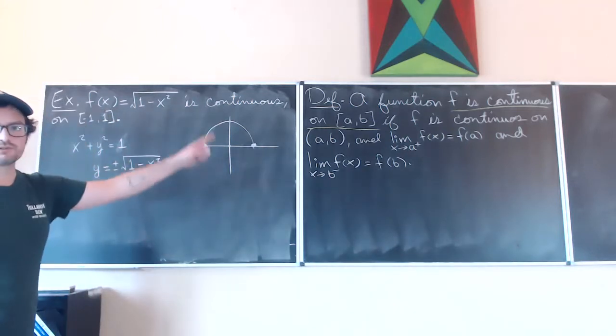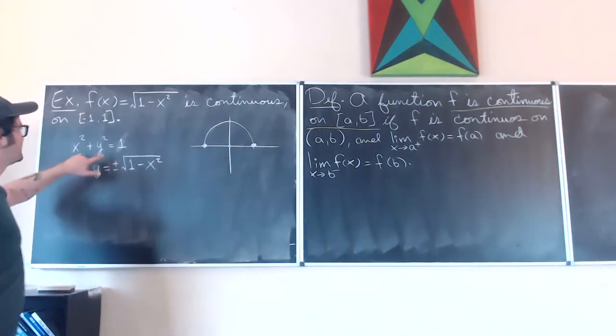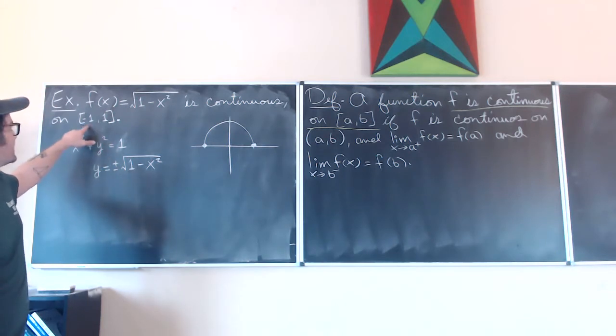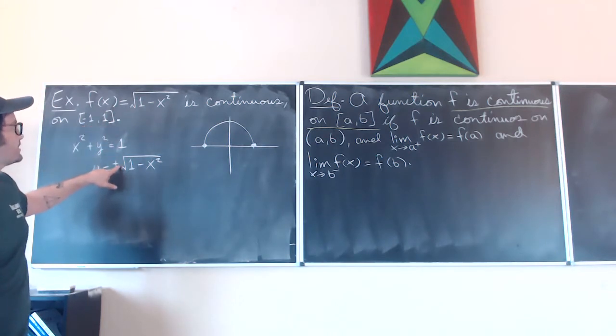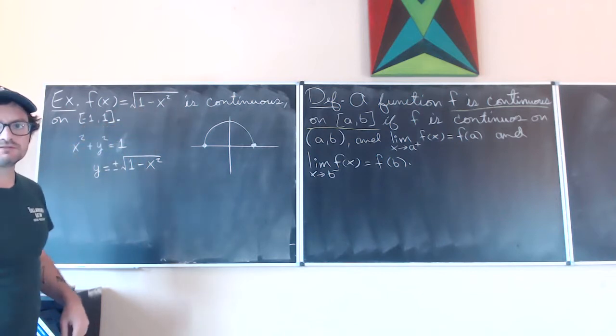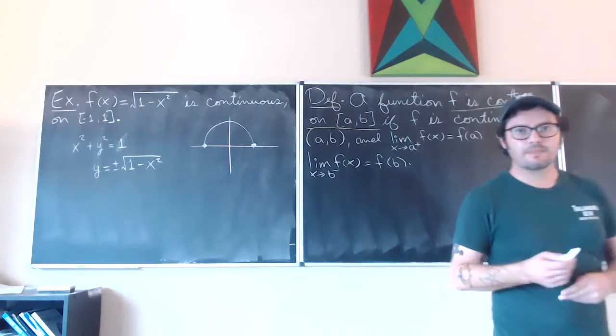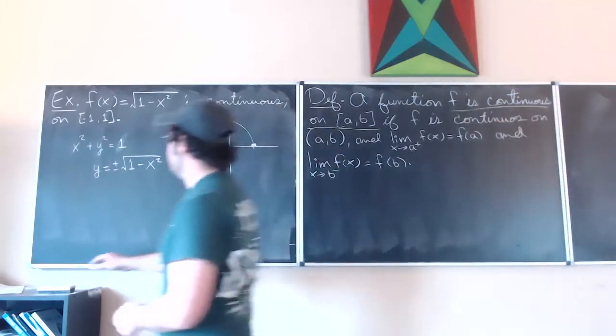If I drew the whole circle, it would correspond to this equation. But since I'm limiting between -1 and 1, and we're just looking at the positive of this, then it's that half circle. Okay.